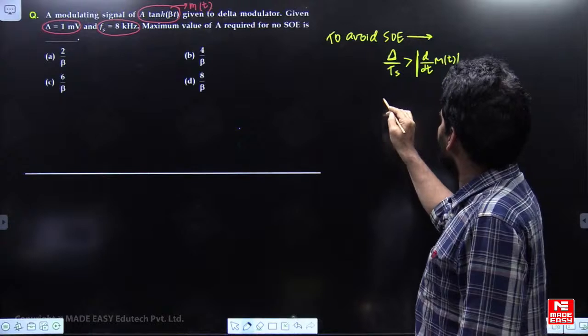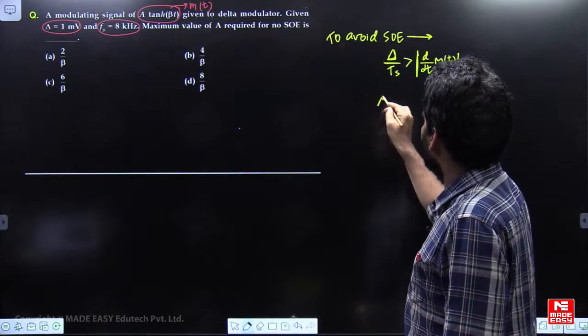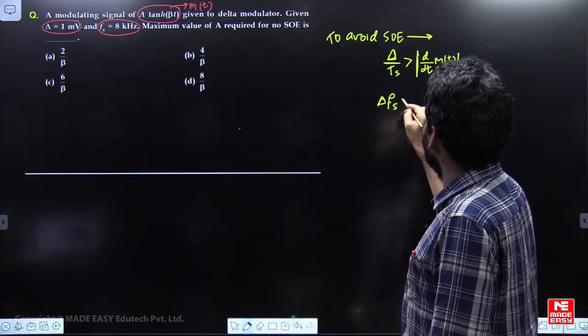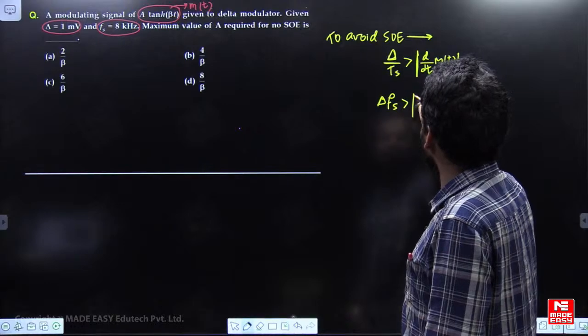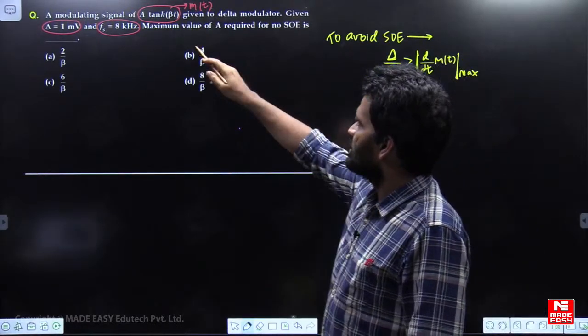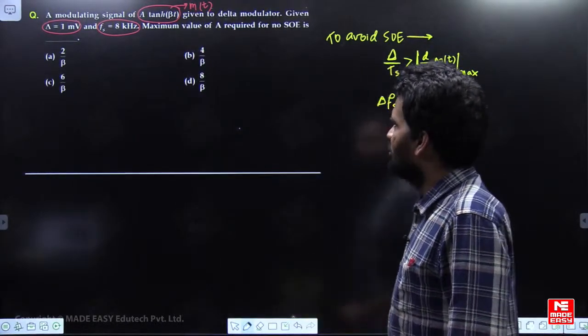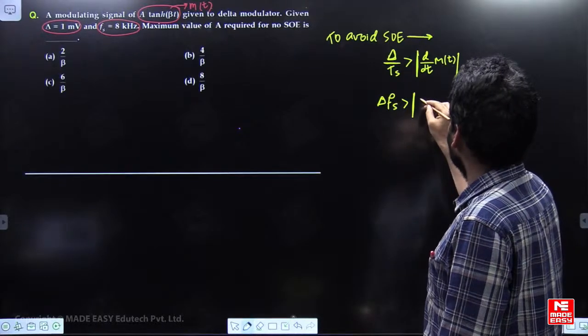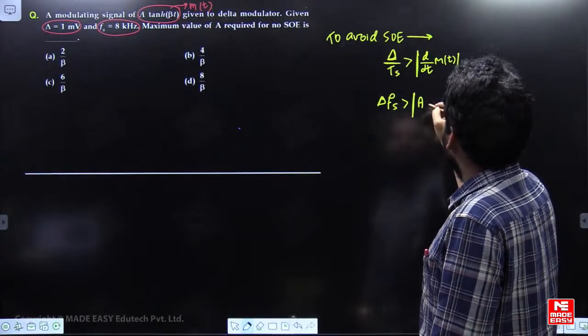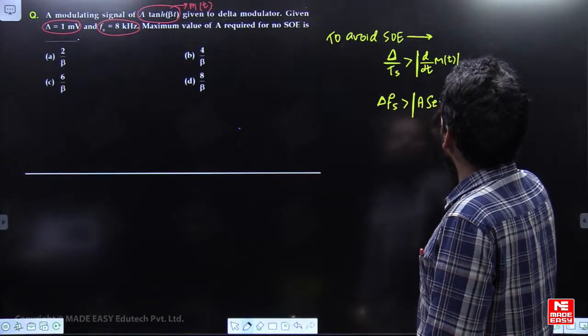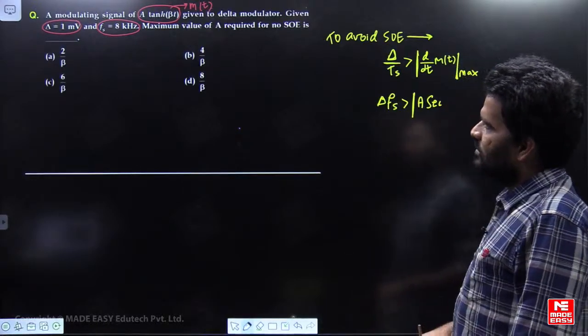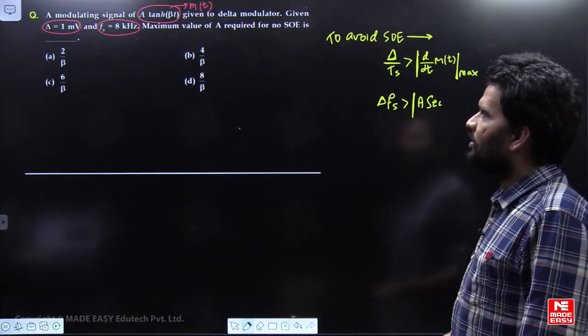Yes, delta by Ts, 1 by Ts is Fs, greater than the maximum of the differentiation of m of t. What is the differentiation of A tanh beta t? So this is A. What is the differentiation of the hyperbolic tangent function tanh?